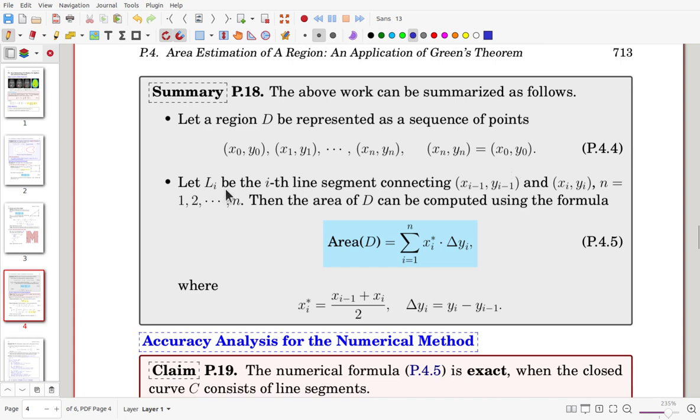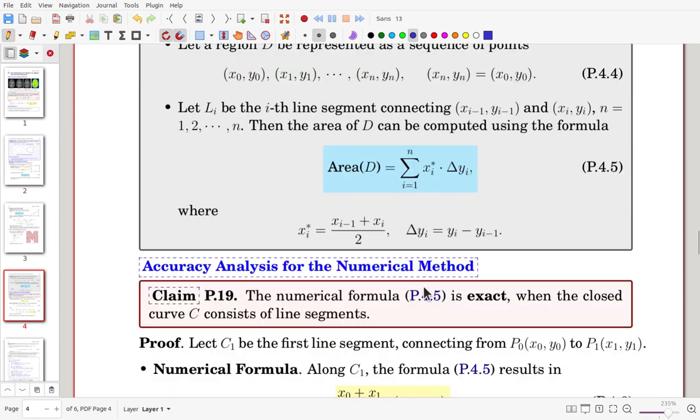Now, Li is the ith line segment connecting from this point to that one. Then the area of the region can be computed using the formula. For each line segment, we get the mid value of x and the change in y, and the products are summed. And that is the area of the region.